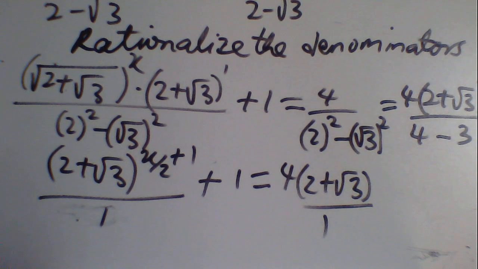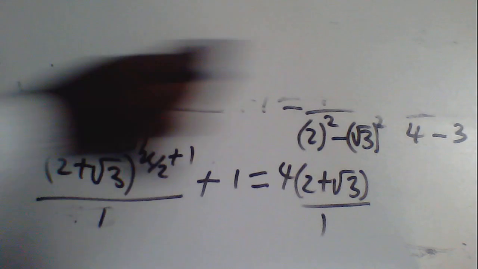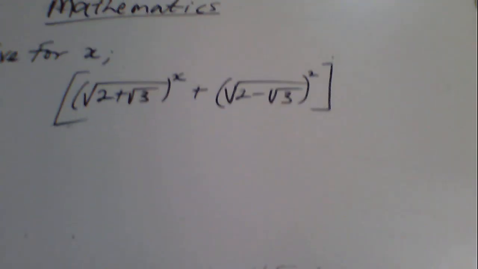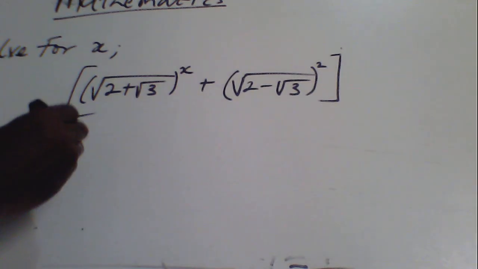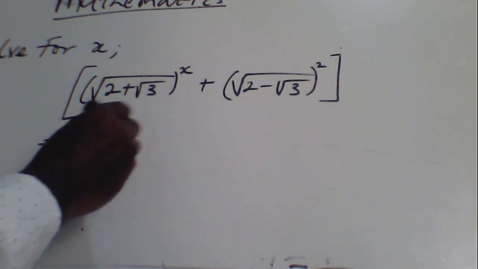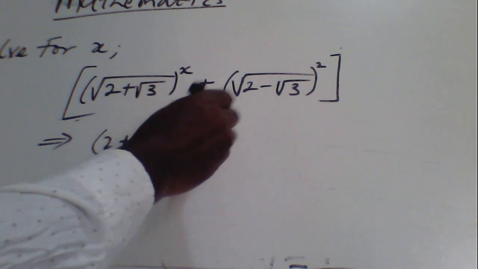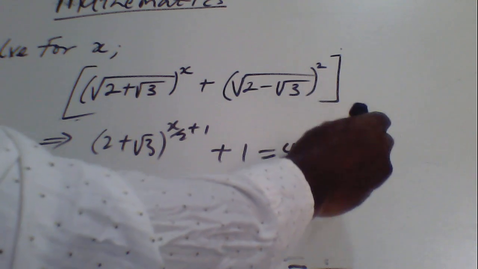So let's bring them up. Let's clean up. So bringing it up, we obtain (2 + √3) raised to the power x over 2 plus 1 is equal to 4(2 + √3).